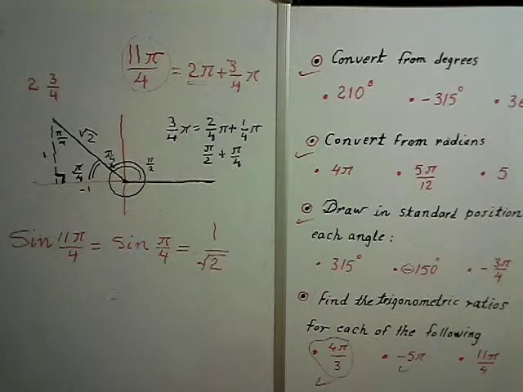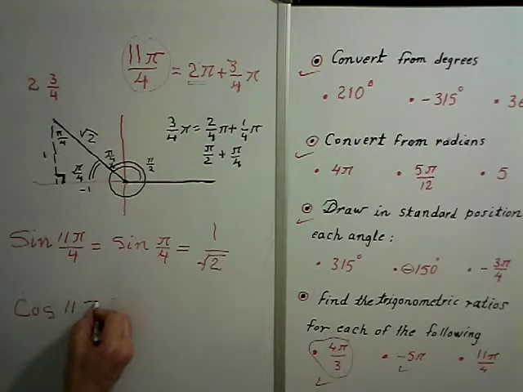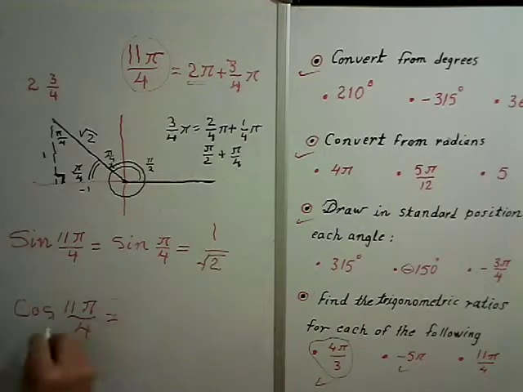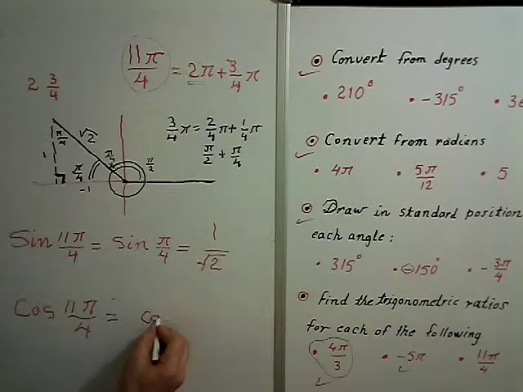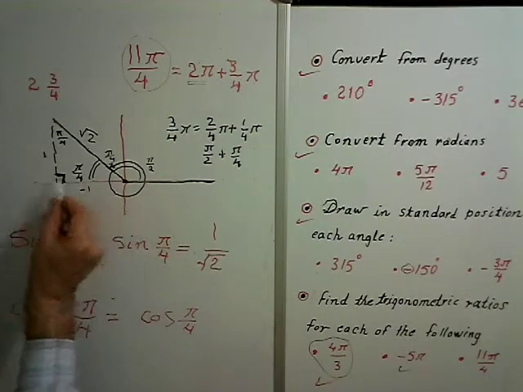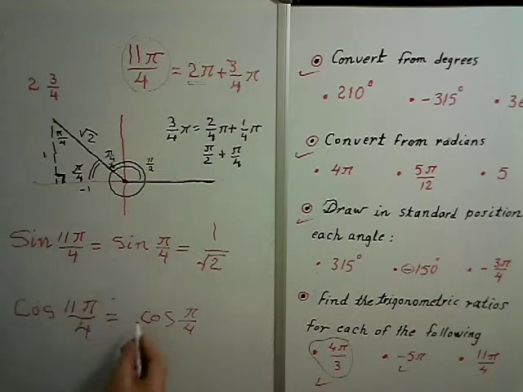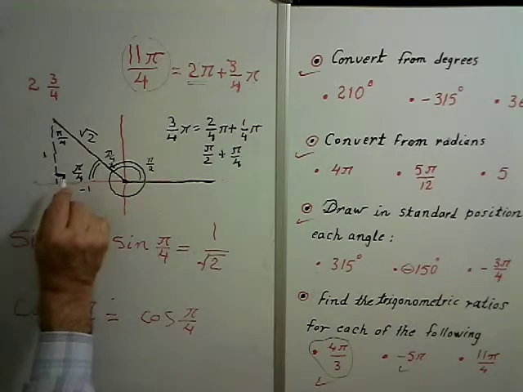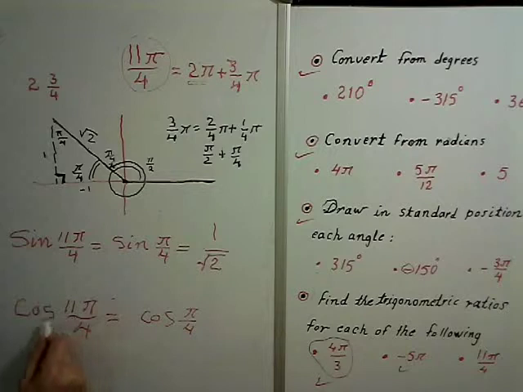Cosine 11 pi over 4 is cosine pi over 4. But consider the quadrant here, the angle lying in the second quadrant, so the cosine will be negative.